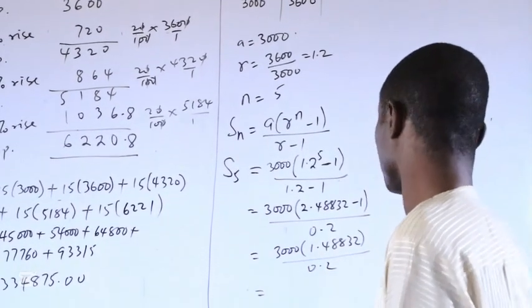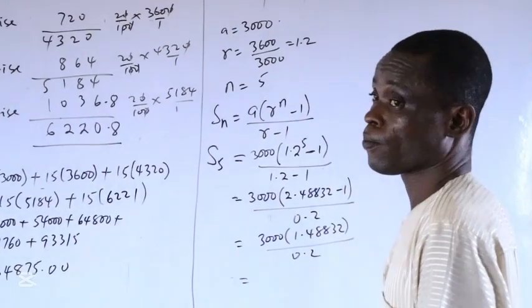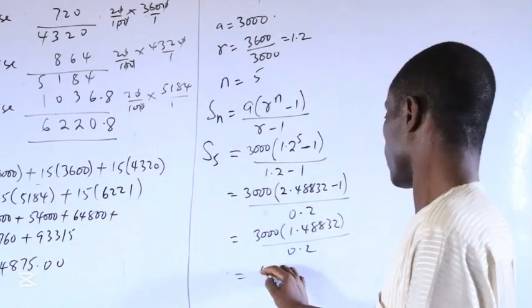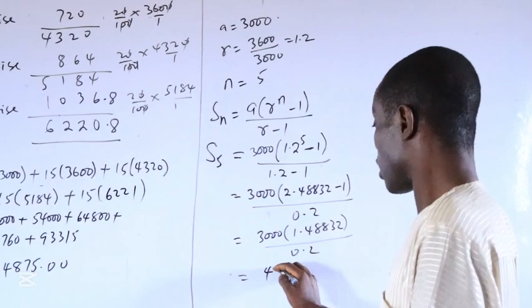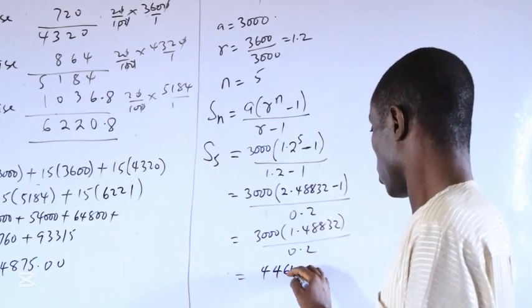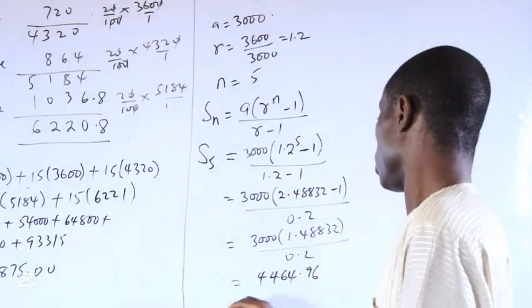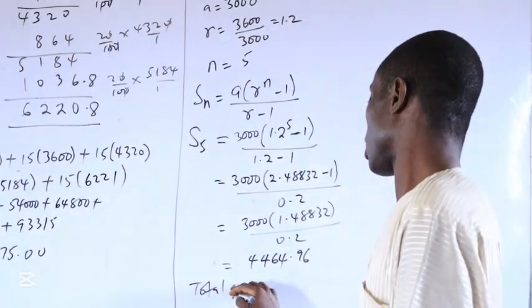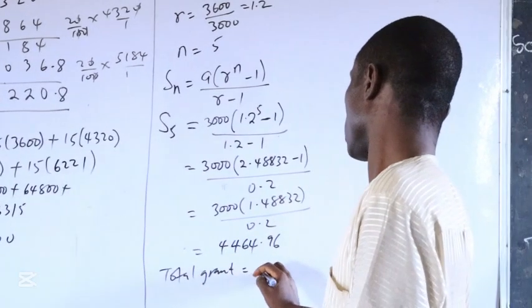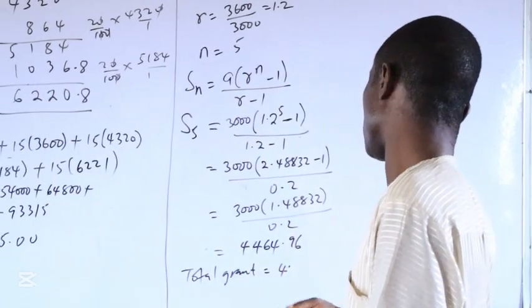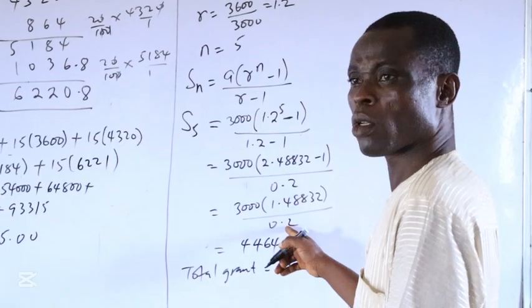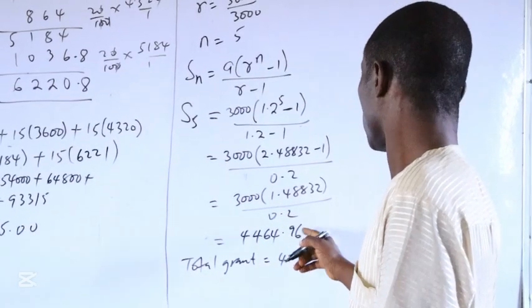Now multiply. 4,464.96. Total grant. Divided by 0.2.